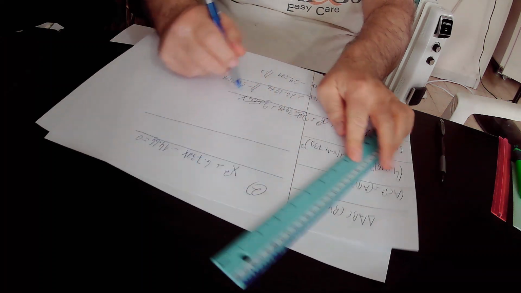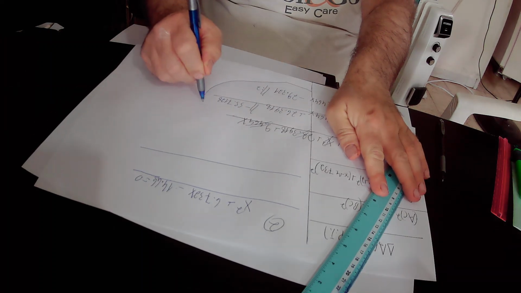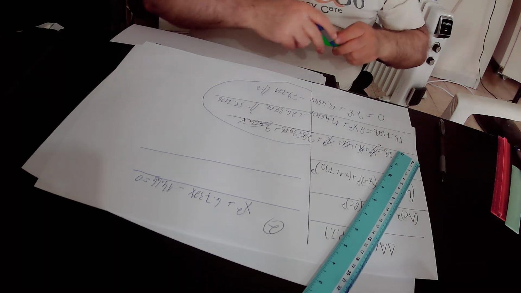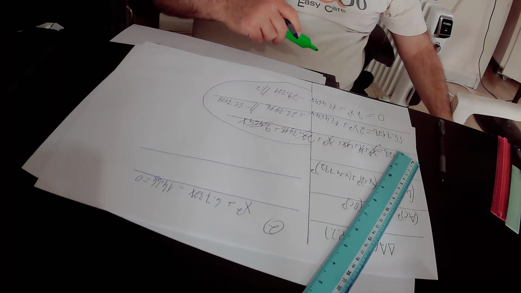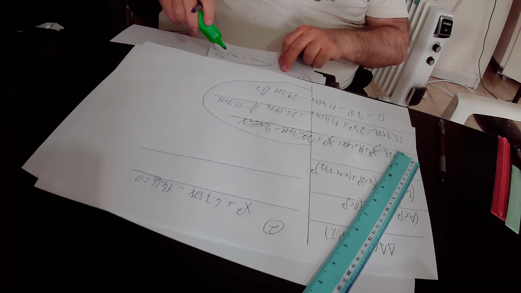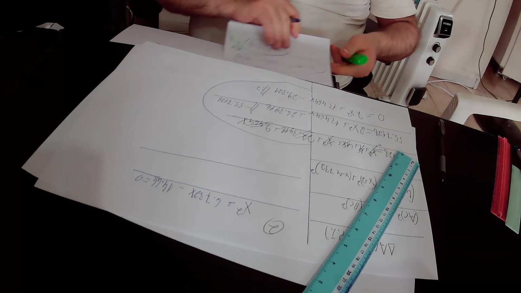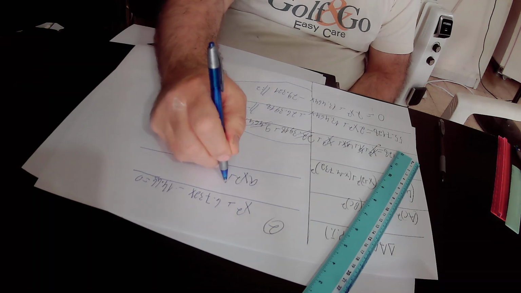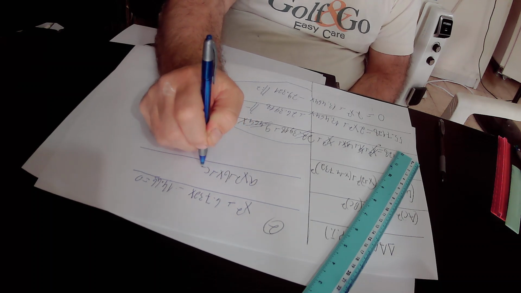So this is a quadratic equation, and the general formula for a quadratic equation is ax squared plus bx plus c equals to 0.